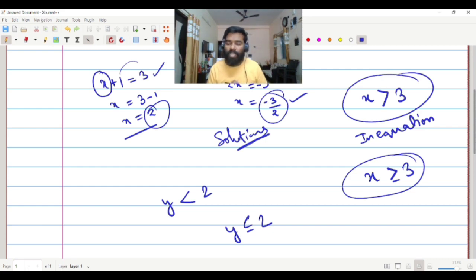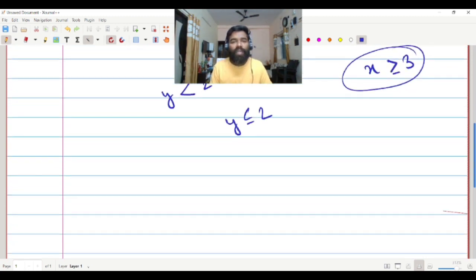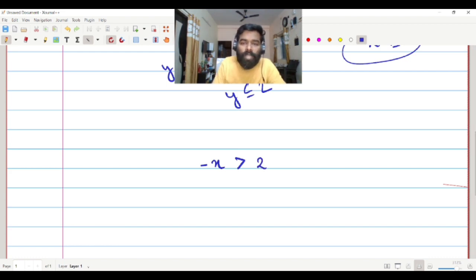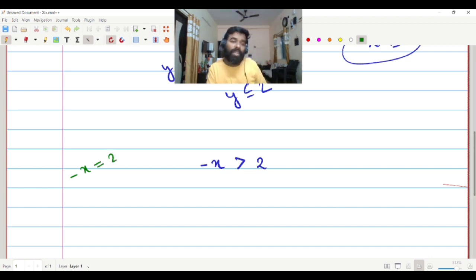Now let us see some basic things which need to be taken care of while solving inequations. If I have minus x is greater than 2, and if this were an equation, the scenario would have been different.